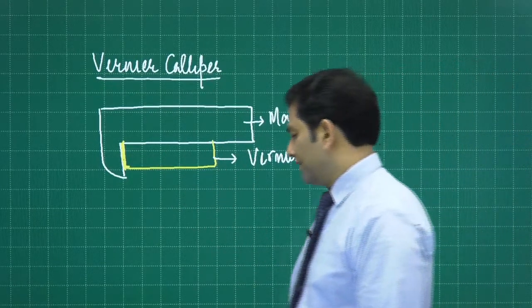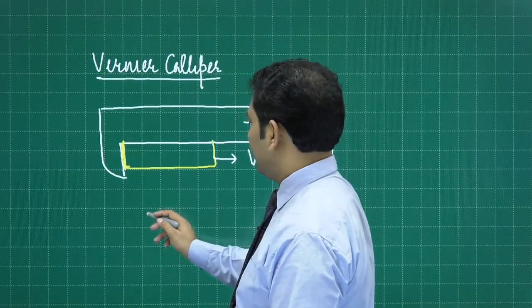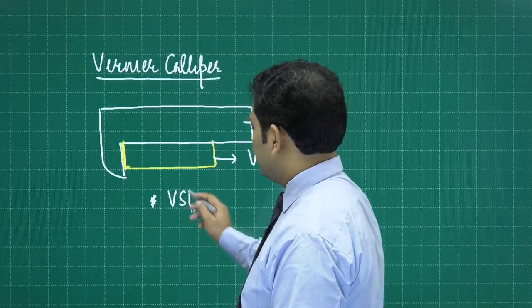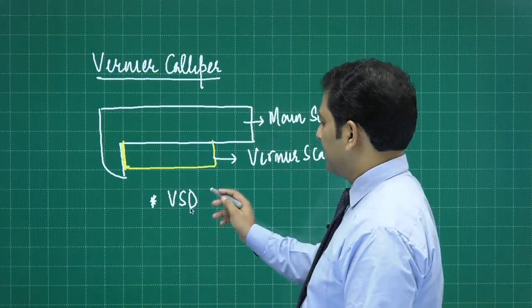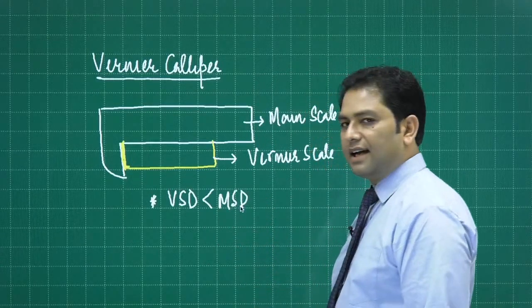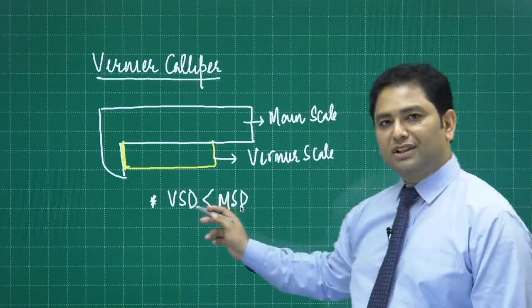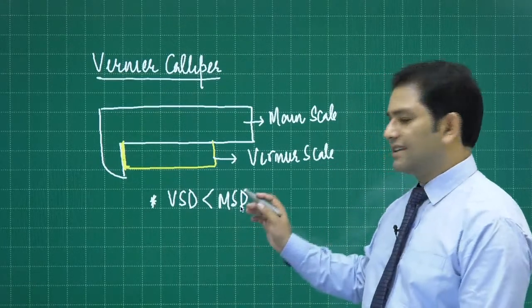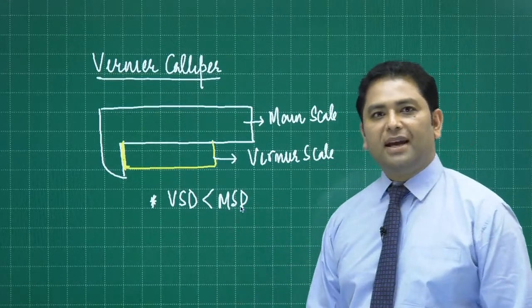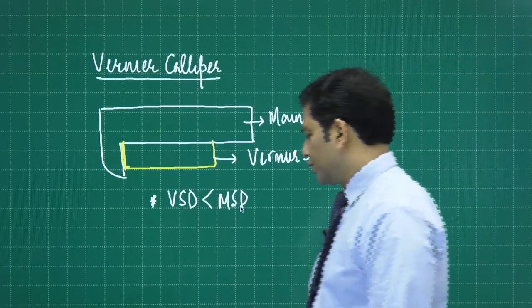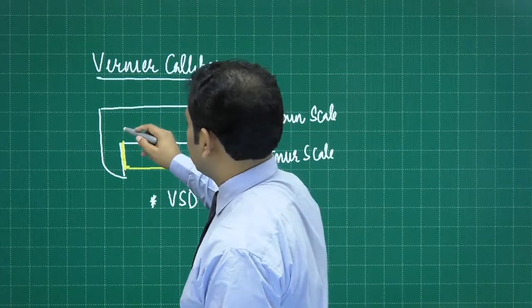Now let's try to see. The first characteristic feature is that the vernier scale division is lesser than the main scale division. I think you are comfortable with this. VSD, the vernier scale division, is lesser than the main scale division. And let me just try to show you the figure. It comes something like this.